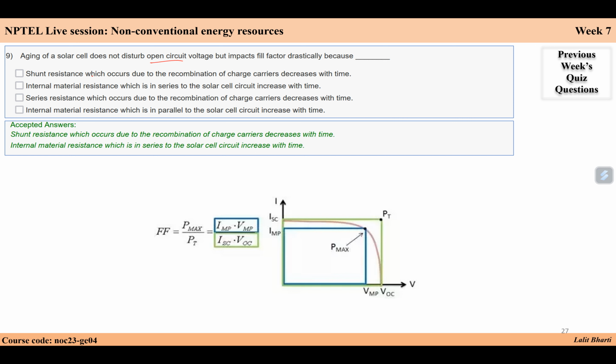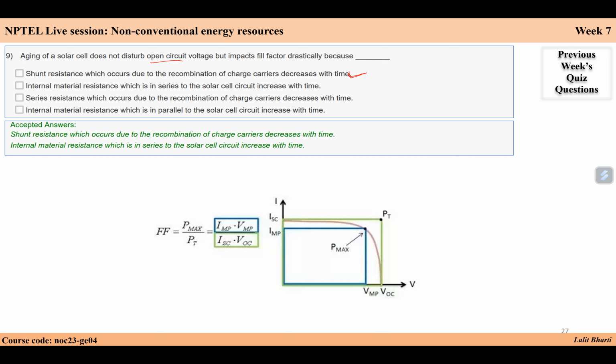So the first option is shunt resistance, which occurs due to the combination of charges and decreases with time. That's correct. We have to keep the shunt resistance high because a low one will help recombination, and we don't want recombination.